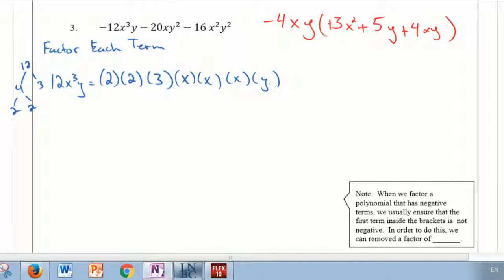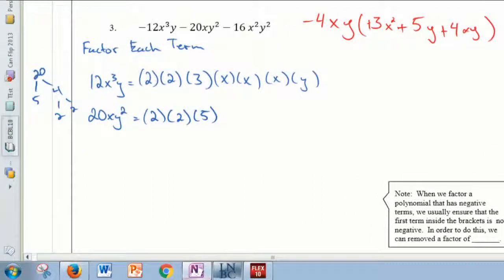The next one is 20xy squared, and again, we're just going to ignore the negative for right now. 20 is going to be 5 and 4, and 4 is 2 and 2. So 2 times 2, 5 is prime, and then I have 1x, and then I have y squared, so 1y, 2y's.